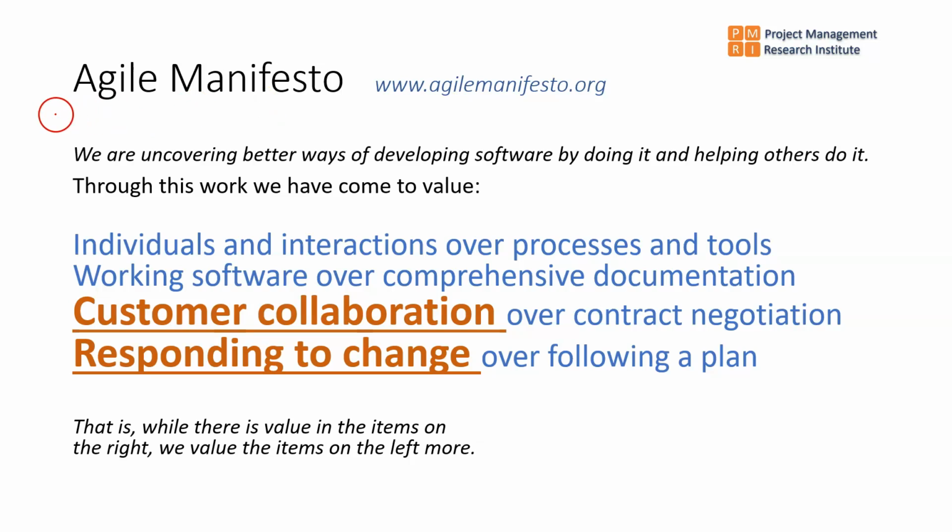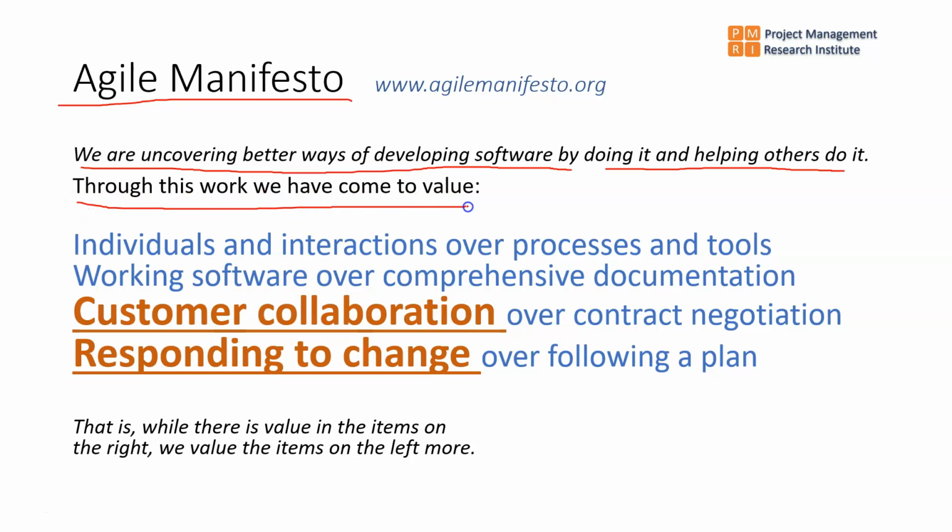Now the Agile Manifesto. The Agile Manifesto was coined by thought leaders almost 20 years back. The Agile Manifesto says we are uncovering better ways of developing software by doing it and helping others do it.